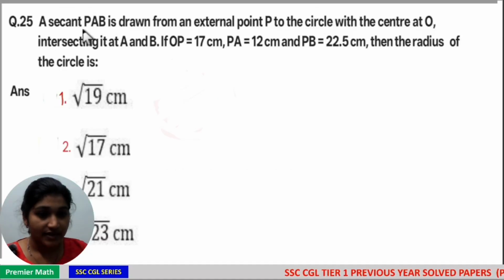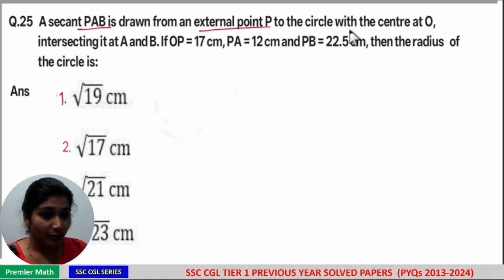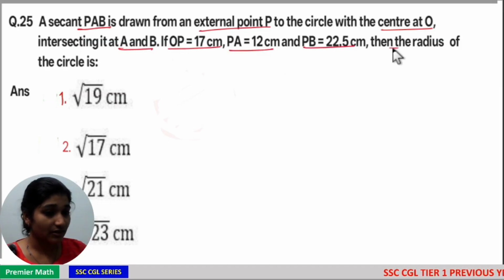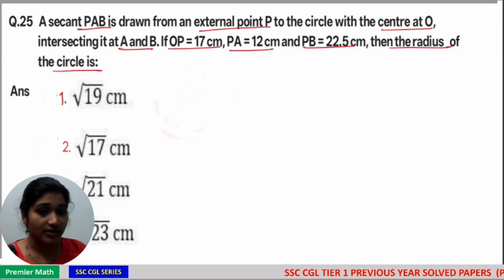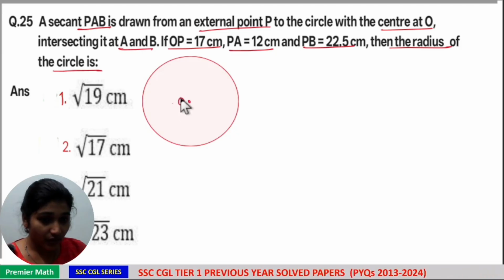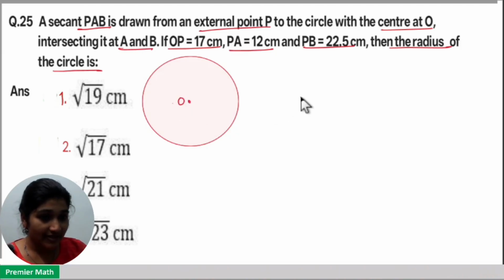A secant PAB is drawn from an external point P to the circle with center at O, intersecting it at A and B. If OP is 17 centimeter, PA is 12 centimeter, and PB is 22.5 centimeter, then the radius of the circle is? Here, this is a circle with center O. Now, P is an external point.